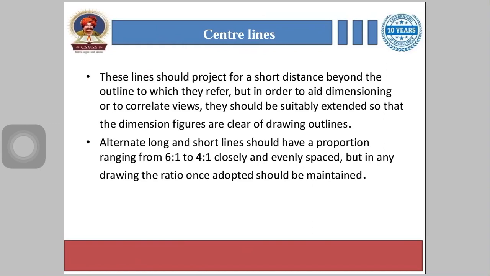But in any drawing, the ratio once adopted should be maintained. In the last two slides, you will get to know how the center lines and visible lines are drawn.